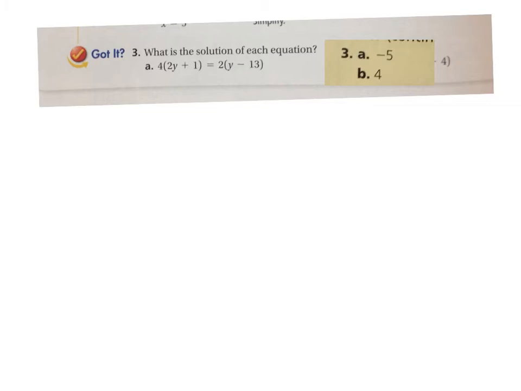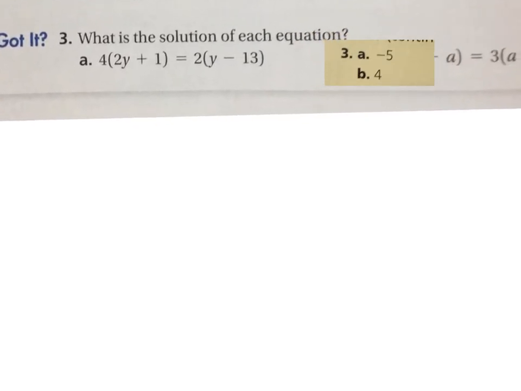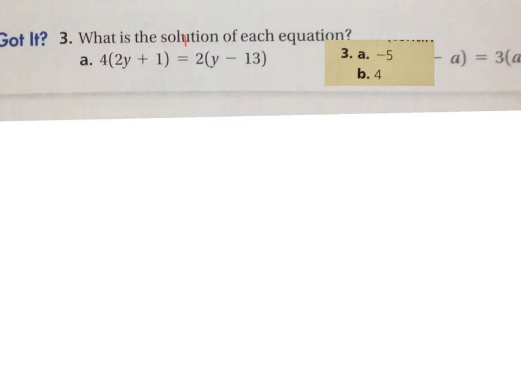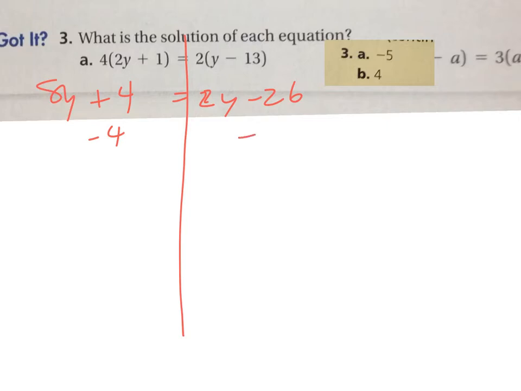Alrighty, on this one, start out by making sure you copy it down correctly. That's pretty important. I'm going to draw that line down the middle to help me keep track of that. And we're going to start out with distributive property. We've got to use it. 8y plus 4 equals 2y minus 26. So again, multiplying by everybody inside of each of those. I'm going to go ahead and subtract off the 4, subtract the 4.